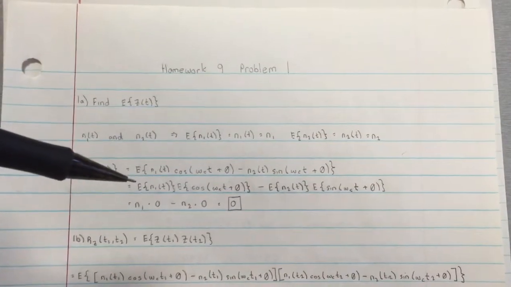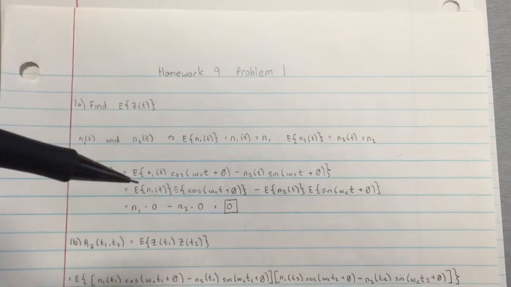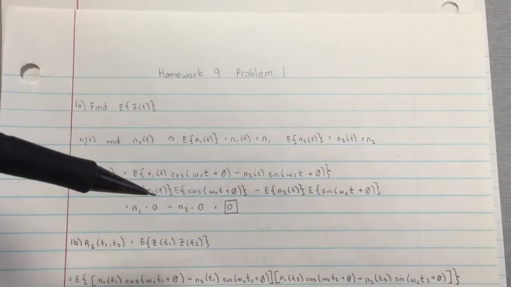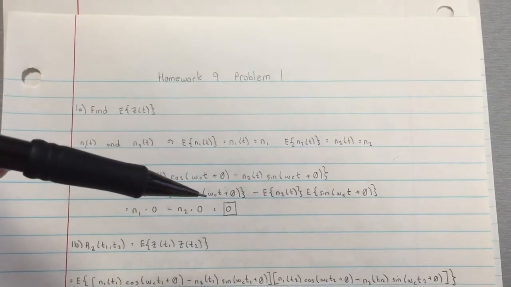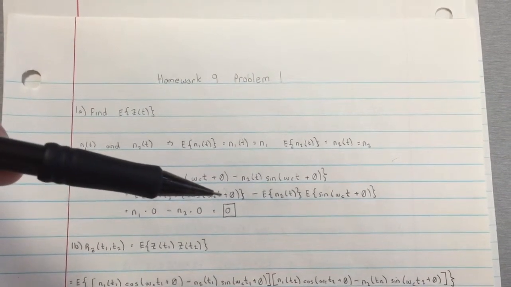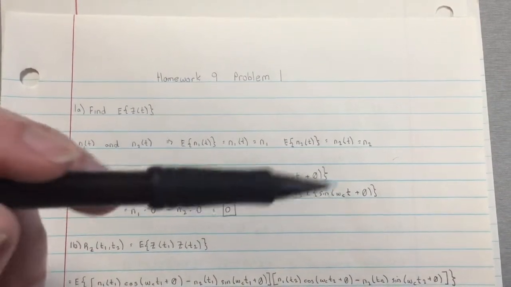And further, we can also split these individual components into two other expected values, namely the expected value of n1 of t times the expected value of cos of wc of t plus theta, minus the similar thing.